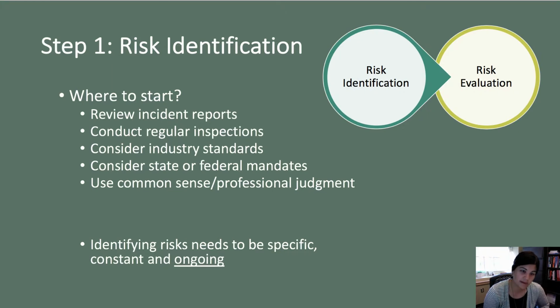Some other maybe not so straightforward ways to identify risk are to keep your eye out on what's happening in the industry, right? What are some other things that are happening at other organizations like ours that could potentially impact us? I like to use the example of the Me Too movement, right? And this light that's been shown on sexual harassment in the workplace.